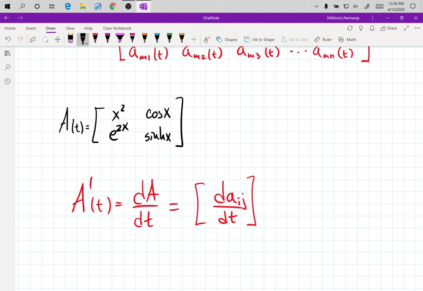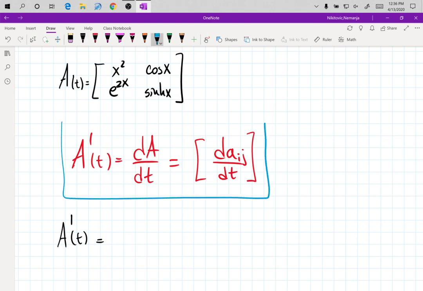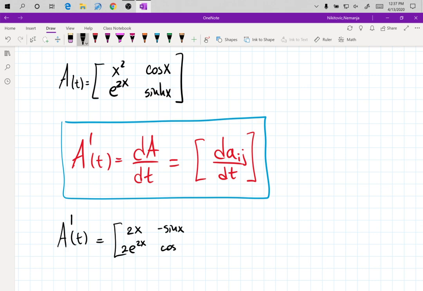Looking at my example up there, a prime of t is a formula which says differentiate every entry. So it will be simply 2x, 2e to the 2x, negative sine x, and cosine hyperbolic x. There are no product rule, quotient rule, and so on. Each entry is a function on its own, and each entry gets its own derivative. There are no special rules to deal with.